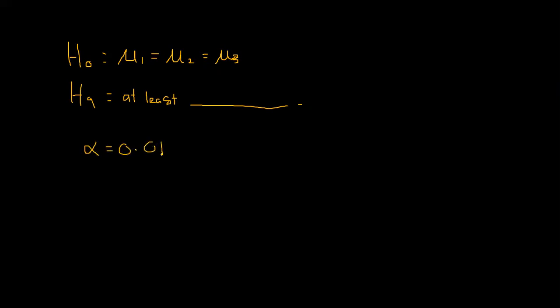Okay, so now as alpha is equal to 0.01, the degrees of freedom, as we already counted and inserted in the ANOVA table, are 2 and the other one is 12.